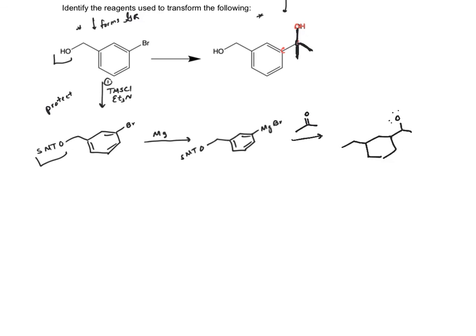Again, in that first step, we can't add water, so we're going to end up with that alkoxide ion. Let me go ahead and finish drawing everything in. We've got this guy, we've got OTMS, and we're also missing another carbon bond from this guy.